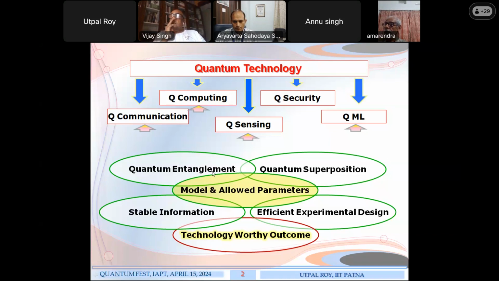And any of these essence, in addition to additional things of the quantum systems, will comprise different useful models with physical parameters. And then one has to look for a stable information which can be measured, and simultaneously experimental design and measurements have to be done.